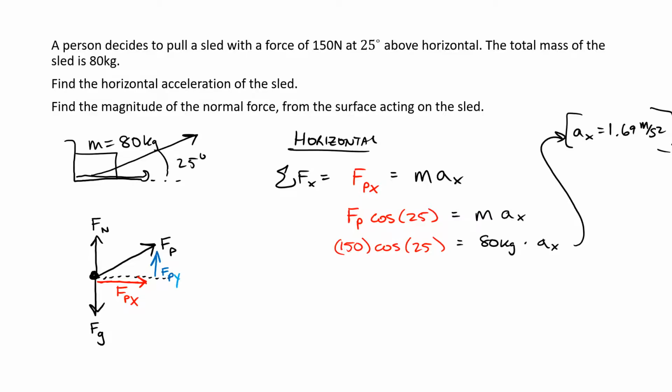Next, we want to find the normal force of the ground acting on the sled. This could be important if we need to figure out how much force a bridge can take. Okay. We need to sum the vertical forces. Okay, now what is acting vertically? I've already broken it up into pieces. So we have two things pointing upward, one thing pointing downward. We're still going to sum all of them together.